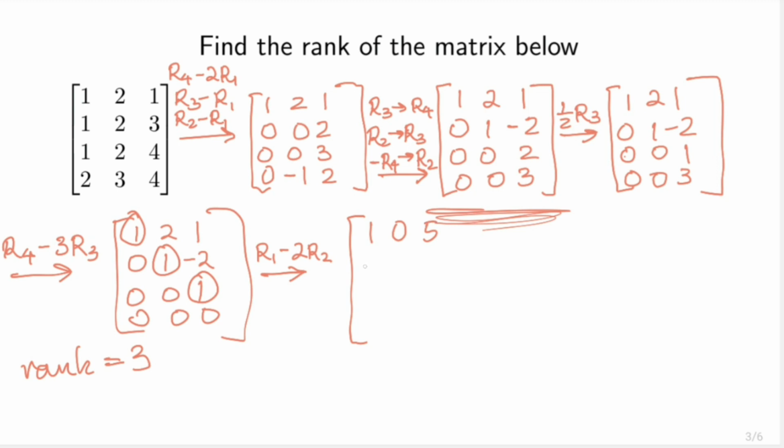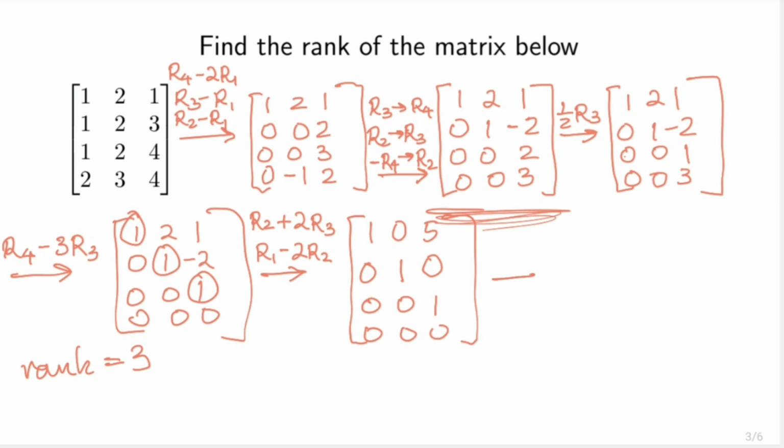Then we have 0, 1. We can use row 3 to get rid of this minus 2. So we add 2 times row 3 to row 2. So row 2 plus 2 times row 3. That'll give us a 0 here. And then we have 0, 0, 1, and 0, 0, 0.